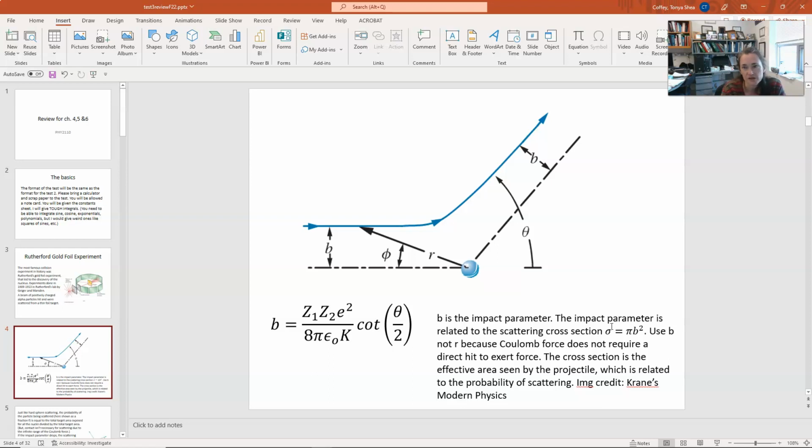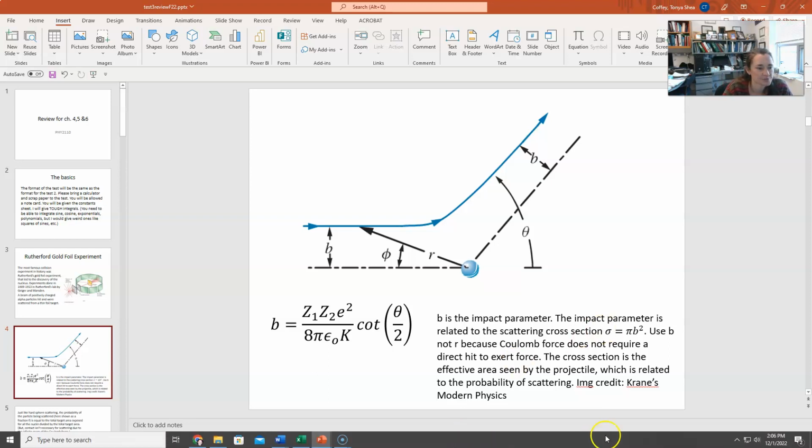Theta is the angle at which that particle gets scattered, as you can see here. Epsilon naught is the permittivity of free space, which is 8.854 times 10 to the minus 12 in SI units, and K is the kinetic energy of the incident particle. Okay? So there you go.